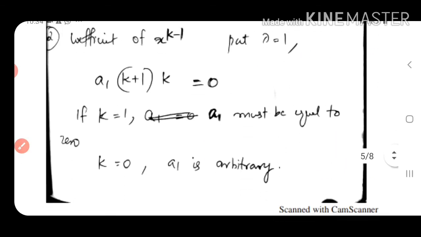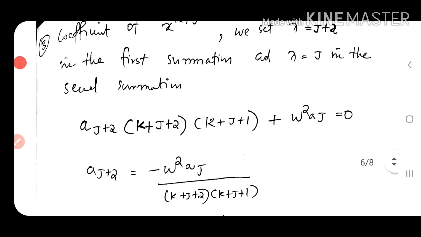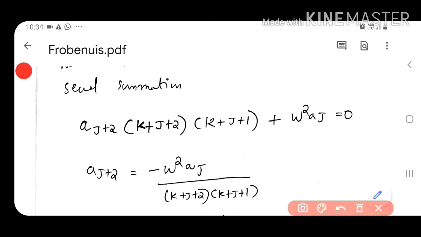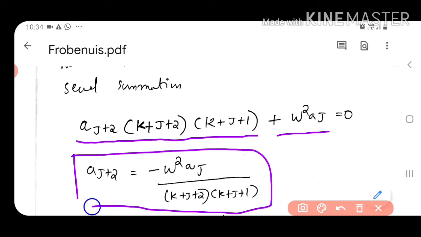So I will be getting this. From the first summation, I will get a j plus 2, k plus j plus 2 into k plus j plus 1. From the second summation, we will have omega square aj, that is equal to 0. Or aj plus 2 is equal to minus omega square aj by k plus j plus 2 into k plus j plus 1.